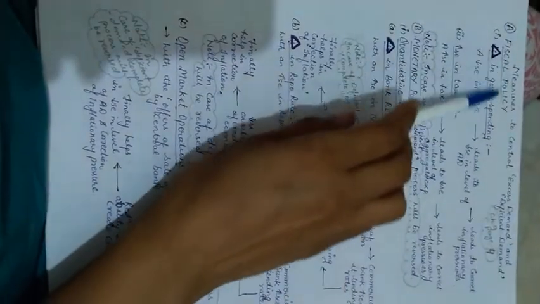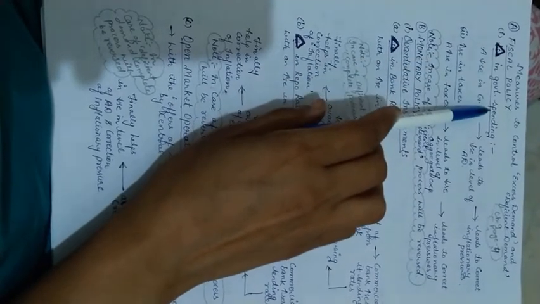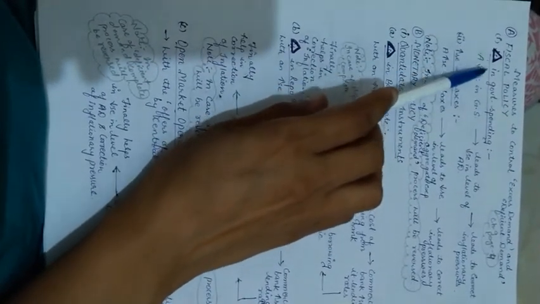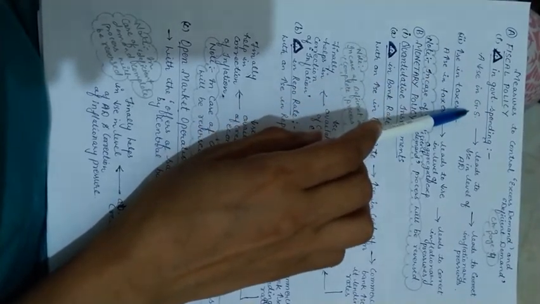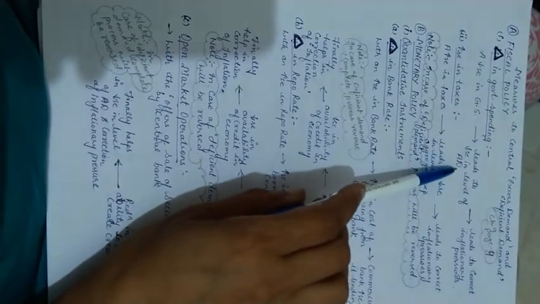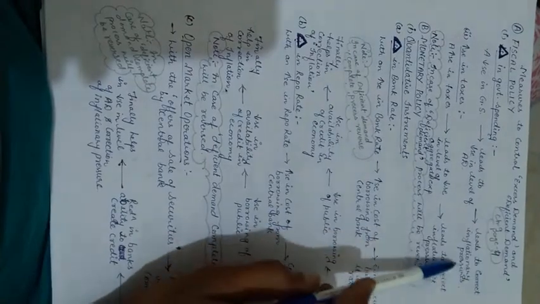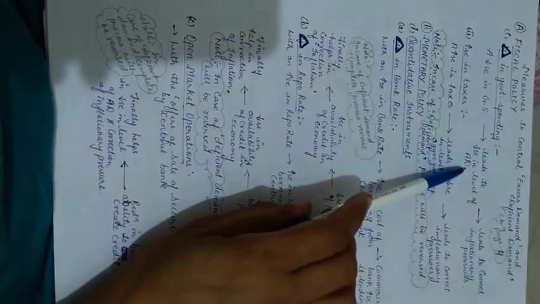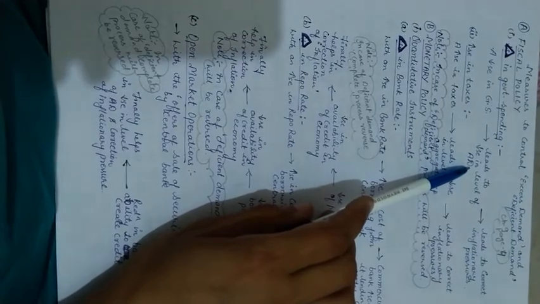So in case of fiscal policy, I have used the word change in government spending. If there is decrease in government spending, it will lead to decrease in level of AD curve, which leads to correct inflationary gap. As your AD curve will decrease, you will go back again to the original employment level.